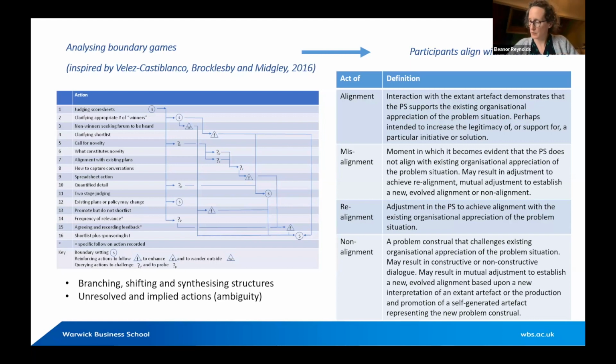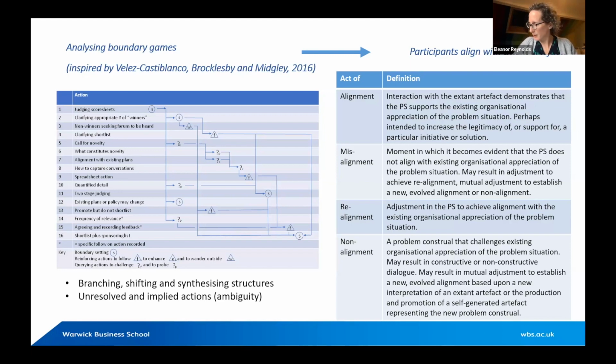The other thing that I noticed was that participants were aligning with these extant artifacts. As I mentioned before, they were using pre-existing documents, posters, events, sometimes memories of things that had gone before to justify their positions. And again, I don't think this would surprise anybody, but it's perhaps something that is less explicit when we undertake an OR PSM intervention.